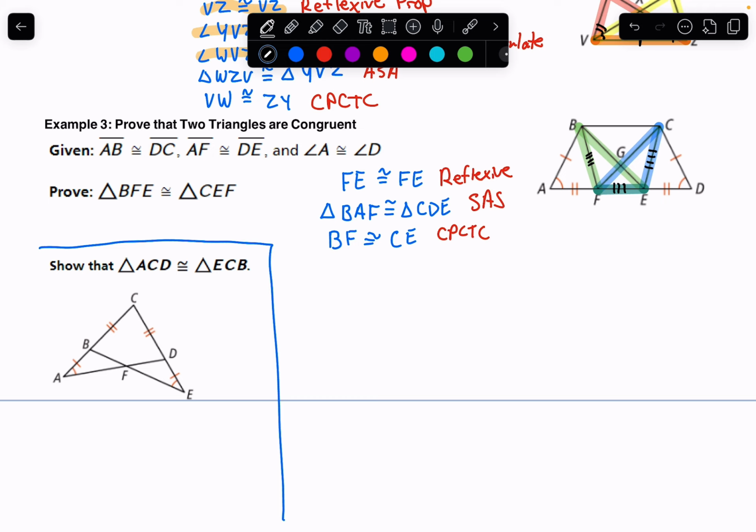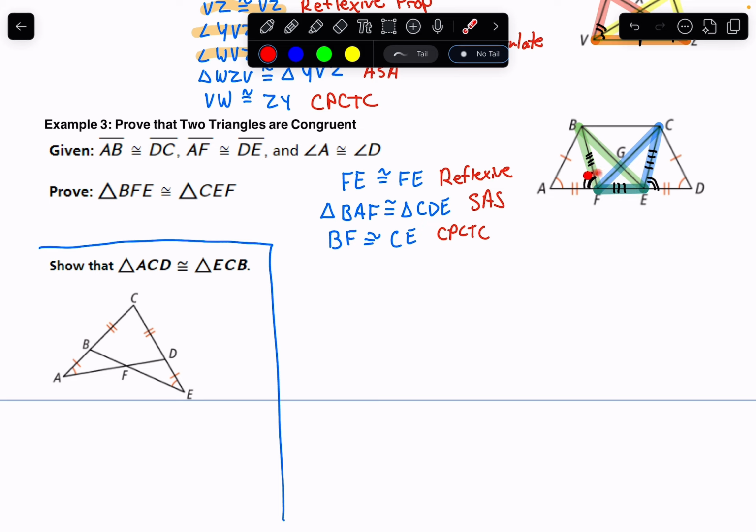Let's see. I do notice I already knew that this angle BFA and this angle CED must be congruent because they're part of triangles that are congruent. And if they're congruent, they each make a linear pair with an angle that's part of the triangle I'm looking for.